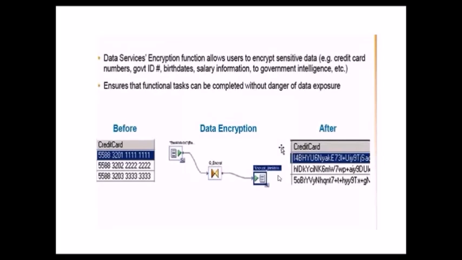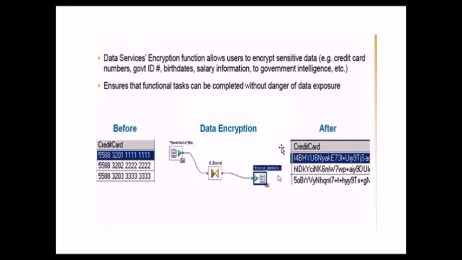When we are talking about the encryption functions available in the built-in functions, these encryption functions are useful in data services, allowing the user to encrypt sensitive data, for example credit card numbers, government ID numbers, date of birth, salary information, government intelligence, etc. So it ensures that the functional task can be completed without the danger of data exposure.